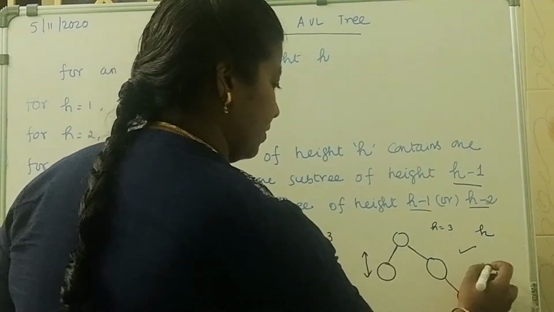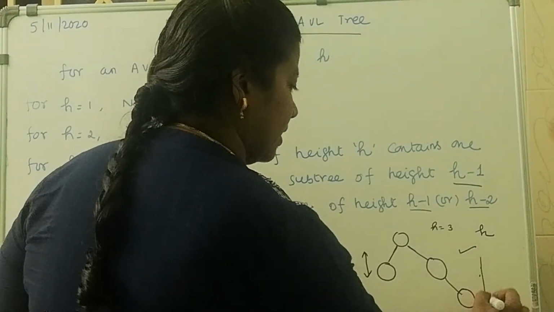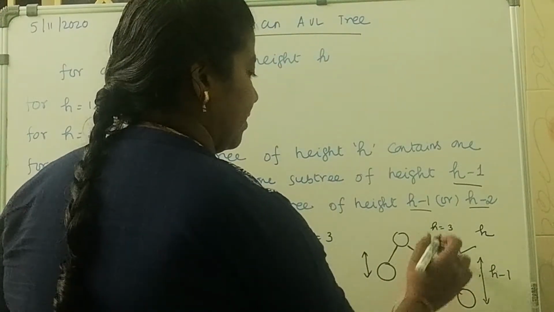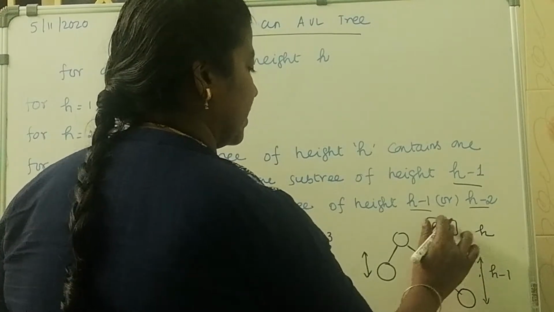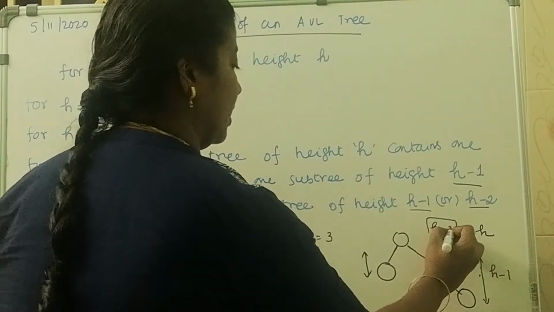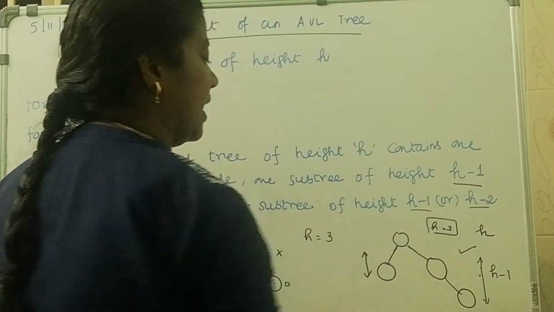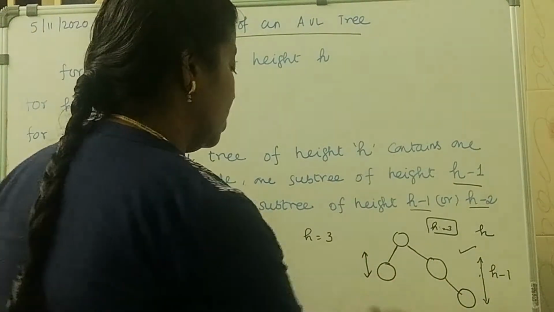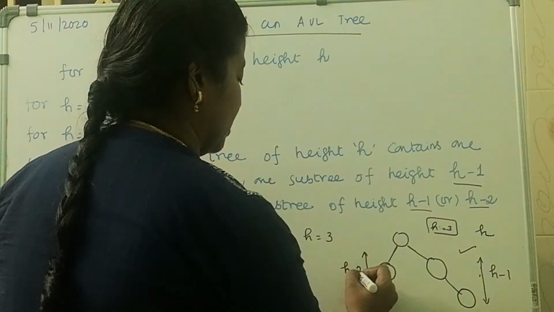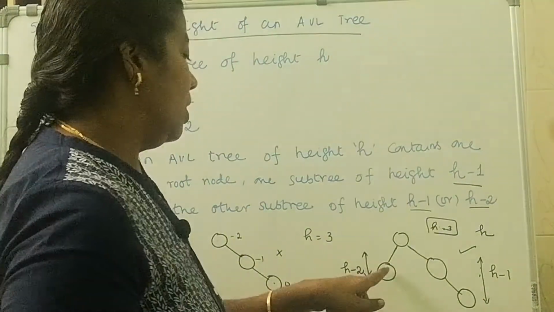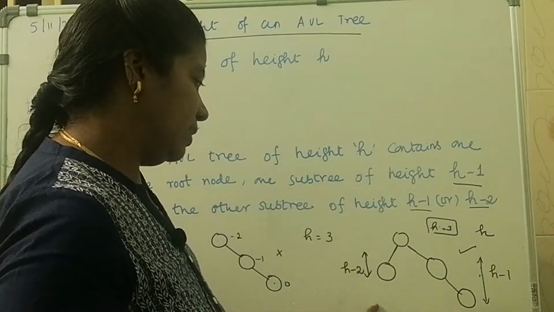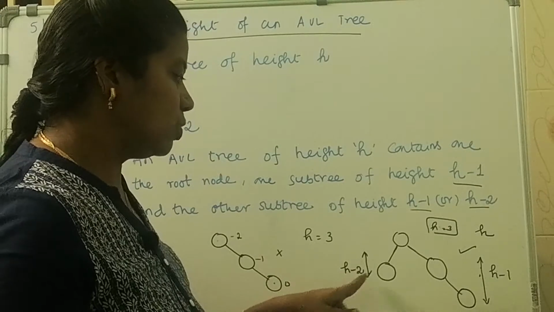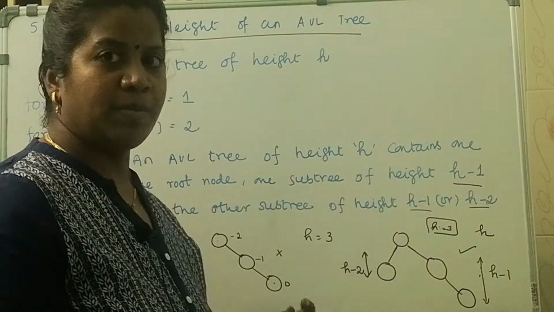If we choose one subtree whose height is h minus 1 for an AVL tree of height h, for h equal to 3 one has height 2, and the other can have h minus 2. Although we can have h minus 1 in this left subtree, we will choose h minus 2 because we want to maintain the minimum number of nodes.